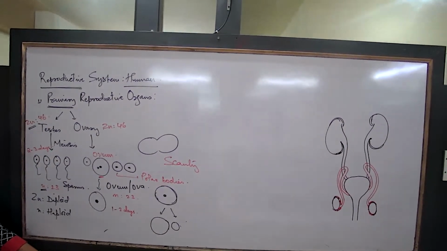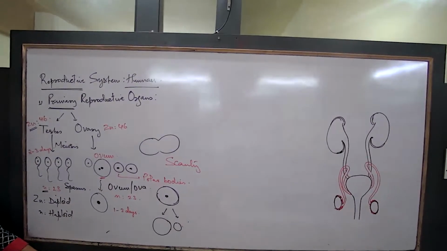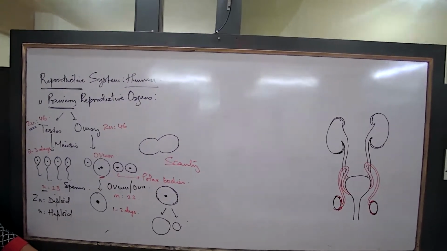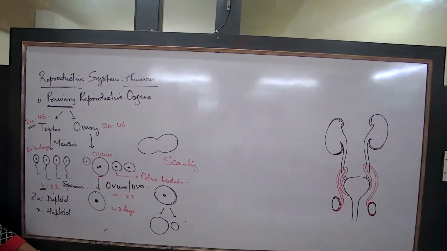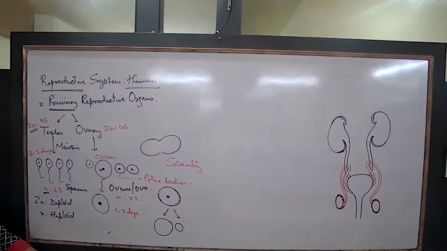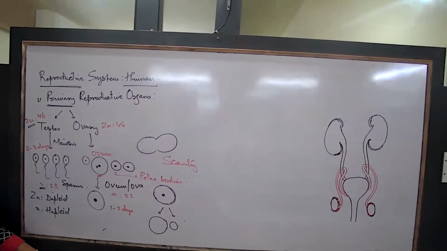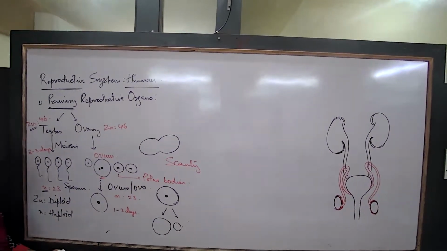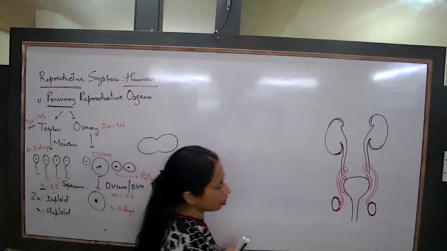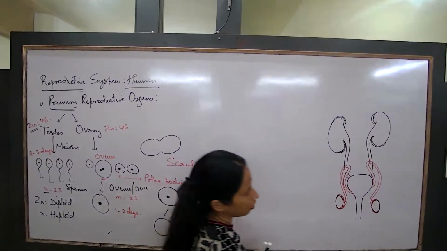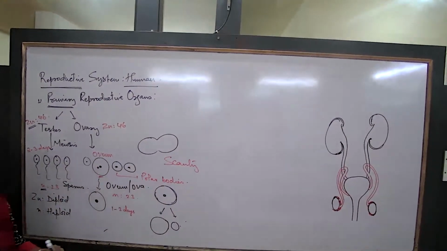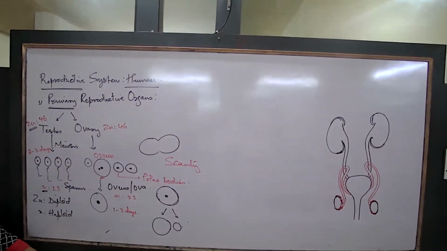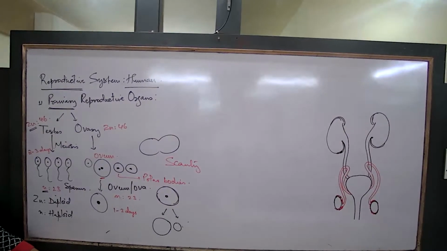Other side, male gamete, again, 4 functional male gametes form from 1 cell of testis.